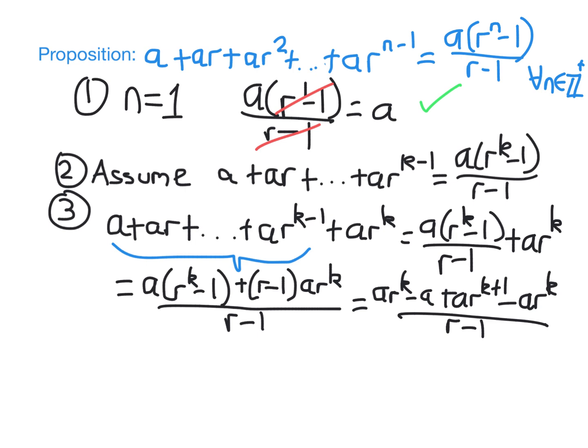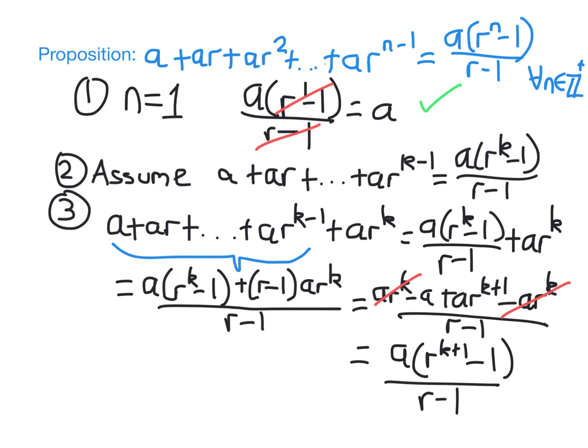Now we can cancel out on the top. This minus this is just 0. We can also factorize the top because there is a common factor of a. Taking out the common factor of a, we're just left with r to the k plus 1 minus 1 over r minus 1. We're actually done.